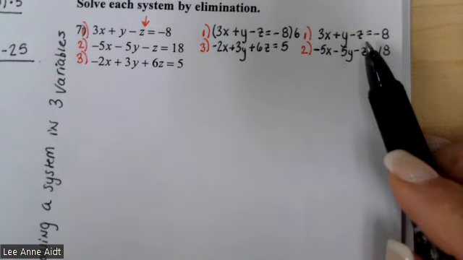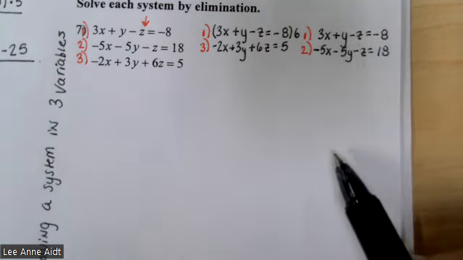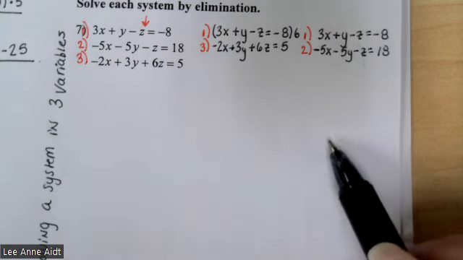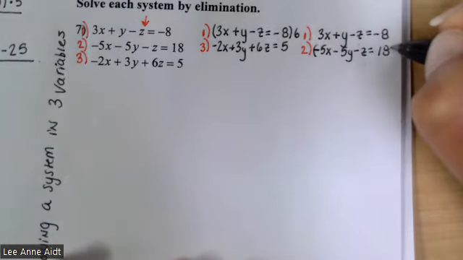Okay, now the first and second, I have both negative z's. What can I do? Yeah, multiply one of them by -1. I'm just gonna do the bottom one.